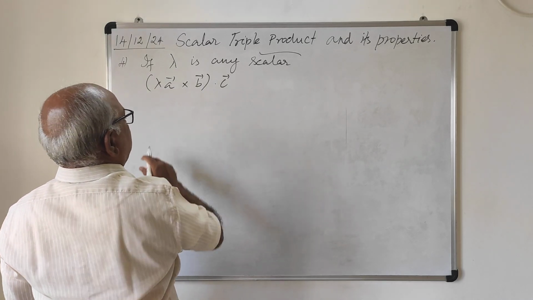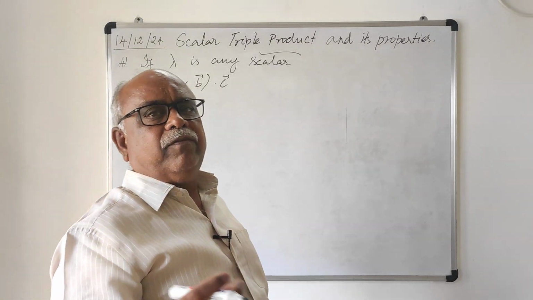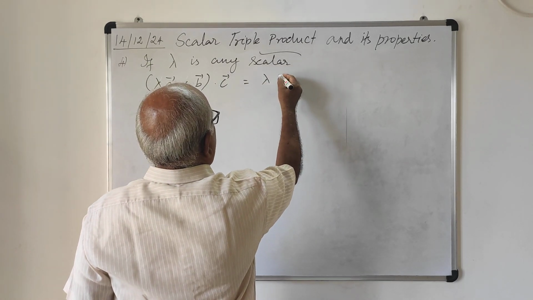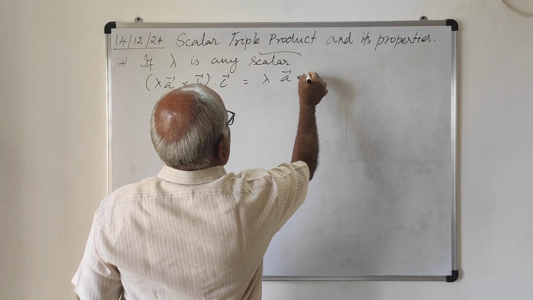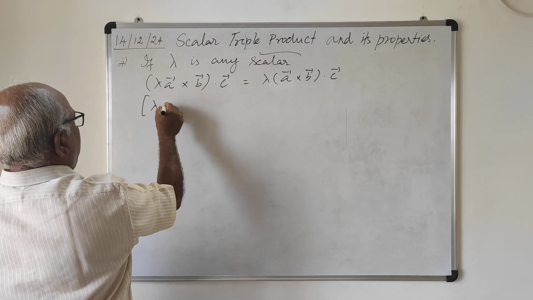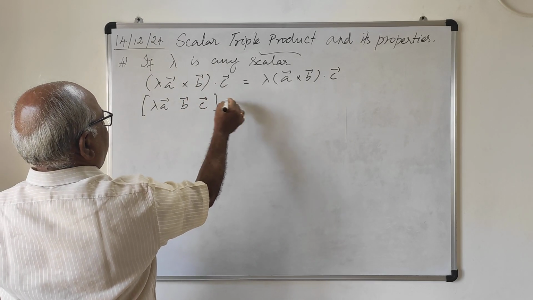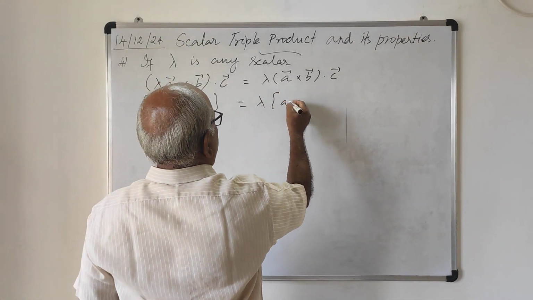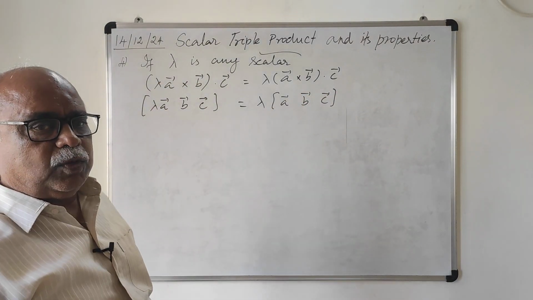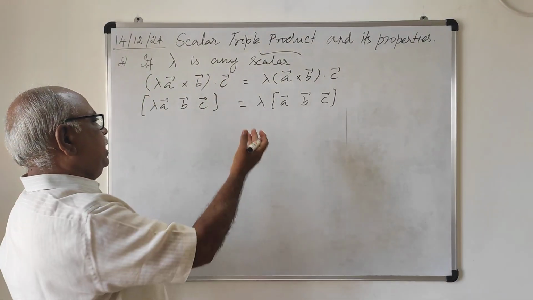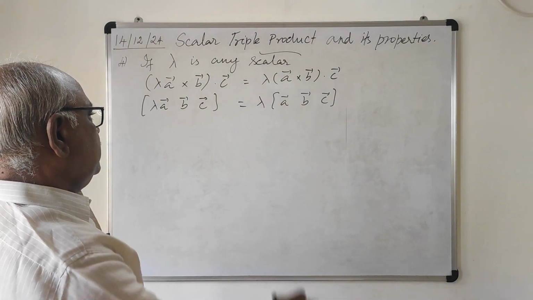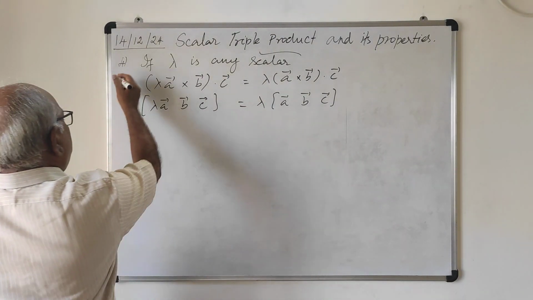The scalar lambda can be multiplied with any one of the vectors A, B, C, and you can take that scalar lambda out of the product A cross B dot C. So the box product of lambda A, B, C is equal to lambda times the box product A, B, C. So inside the box product, if any one of the vectors is multiplied by a scalar, then that scalar can be taken out of the box product: lambda times A cross B dot C, or lambda times the box product A, B, C. That is property 4.